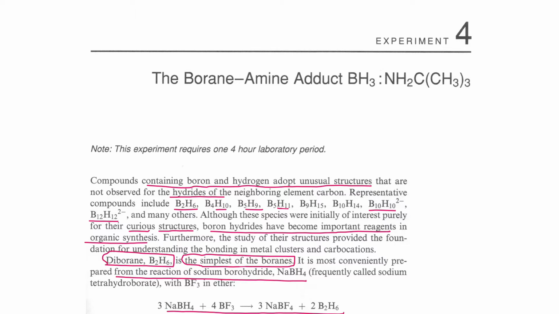Now, diborane, which is B2H6, is the BH3 dimerized, and it can be prepared by using sodium borohydride with BF3 to form B2H6 and NaBF4.